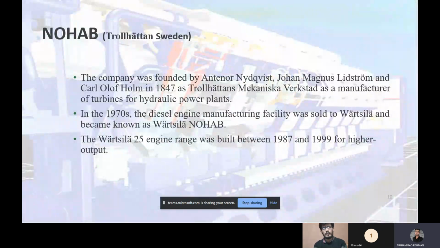Nohab is also linked with Wartsila, but before the 1970s it was a separate manufacturer, and after that the diesel engine manufacturer was sold to Wartsila, and now it's known as Wartsila Nohab.